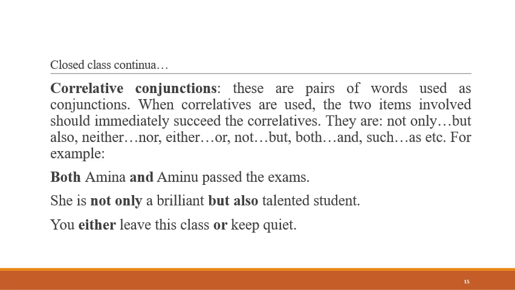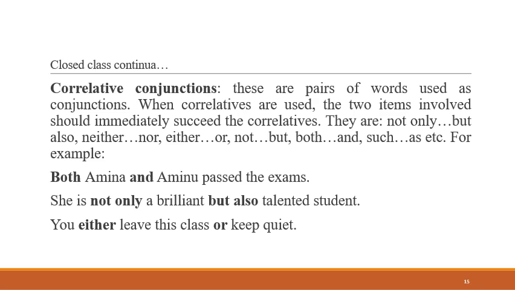Words that are used as correlative conjunctions include: not only, but also; neither, nor; either, or; not, but; both, and; such as.